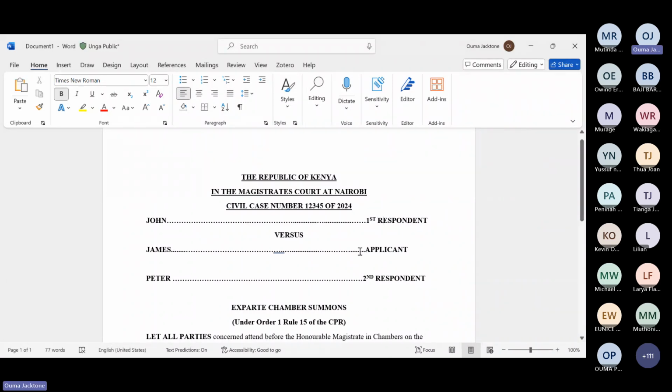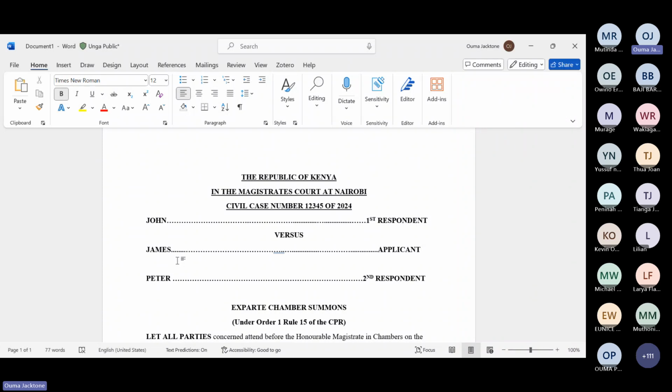Okay, so you can see on your screen, we have three things. We have the caption of the case, that is the Republic of Kenya in the Magistrate Court of Nairobi, the civil suit number. The parties are John versus James and Peter. Are we together?